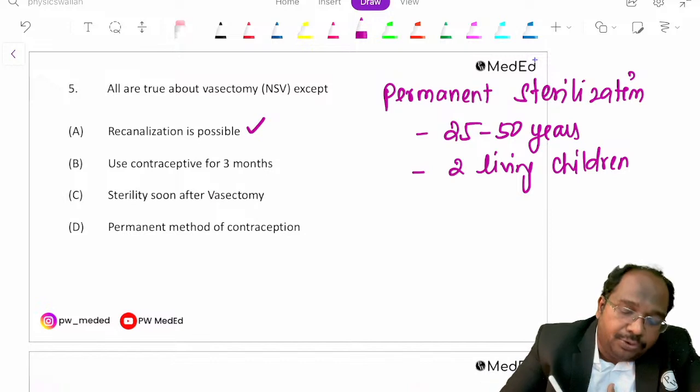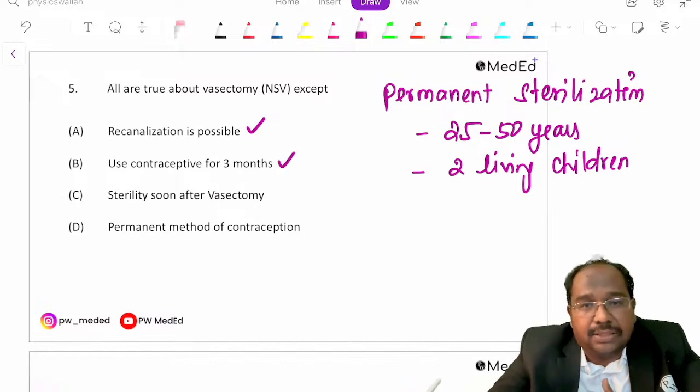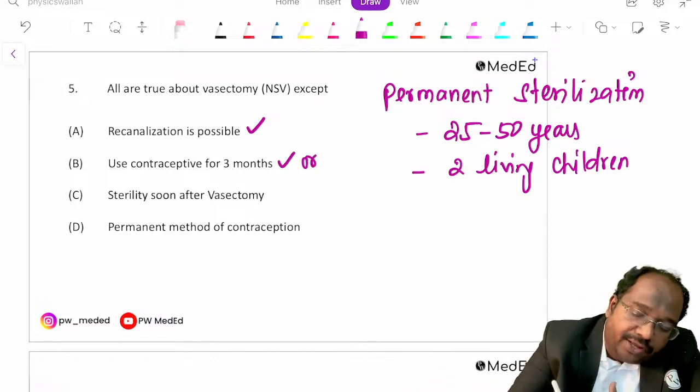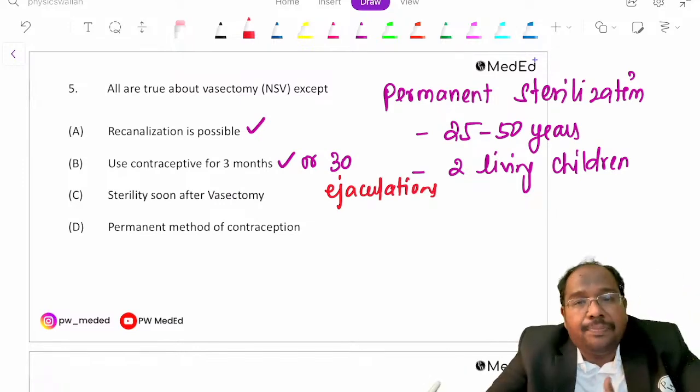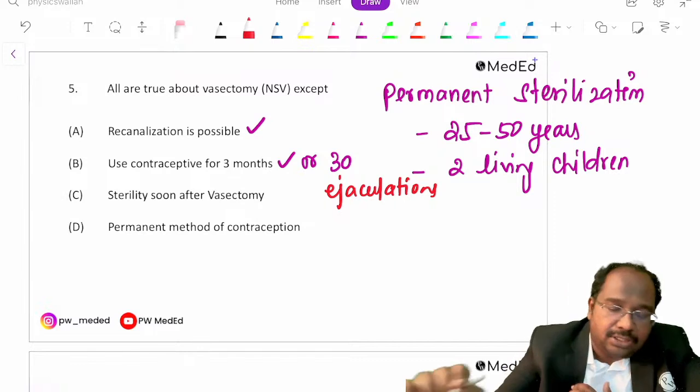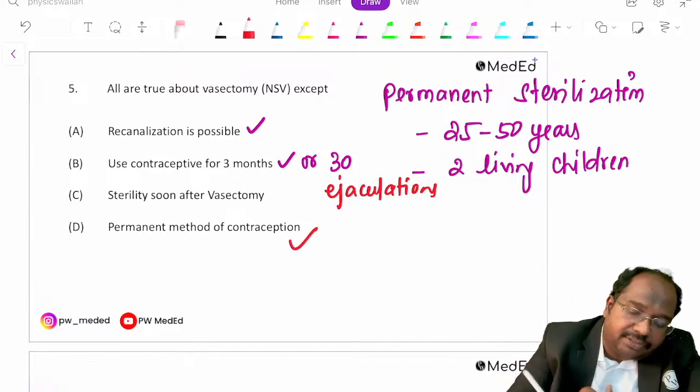Second, use contraceptive for 3 months or 12 weeks or 30 ejaculations. They are not immediately sterile, guys. Understand this. It is a permanent method of sterilization.